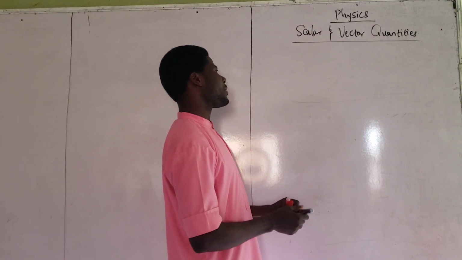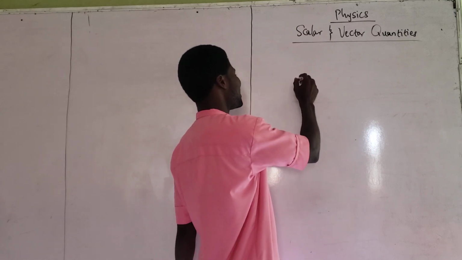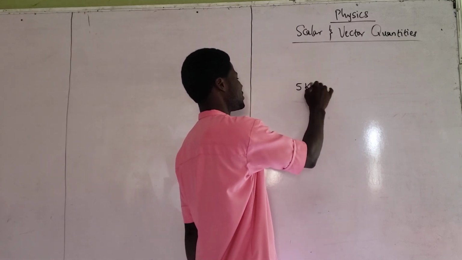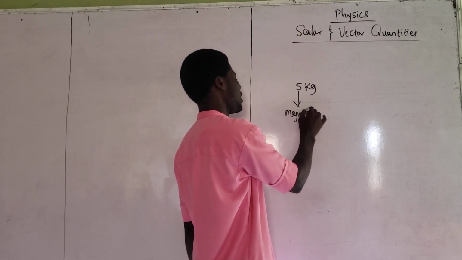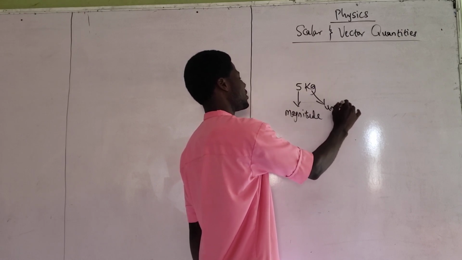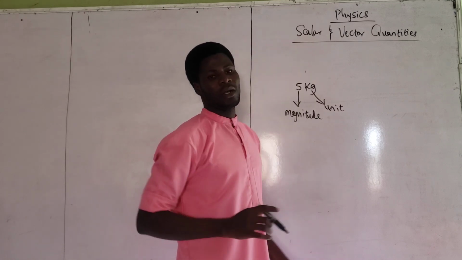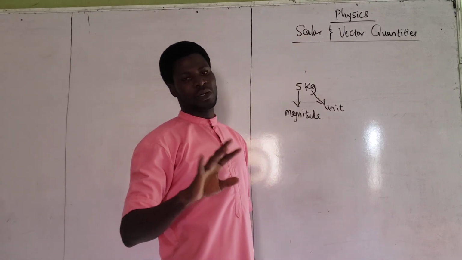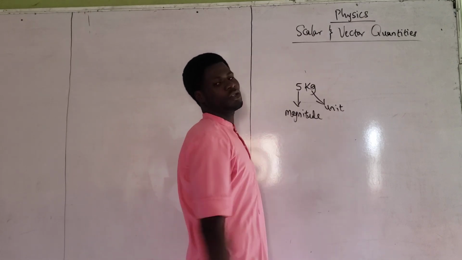For instance, let's say the mass of a body is 5 kilograms. The 5 is the magnitude, while the kilogram is the unit. So as far as the mass is concerned, nothing else can be used to describe it. Only the magnitude and the unit.